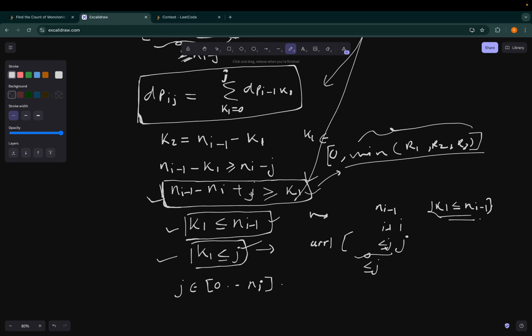If I put nums of i over here, which is the maximum value here, then it will become nums of i minus 1, and all the other values will be less than that. So when I take the minimum of these two, this guy will always win. So I only need to take the minimum of this one and this one. That's pretty much the idea.